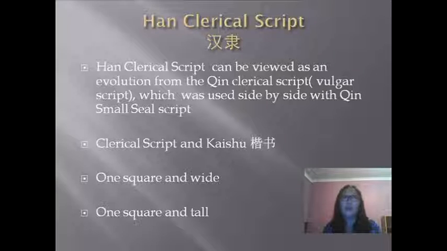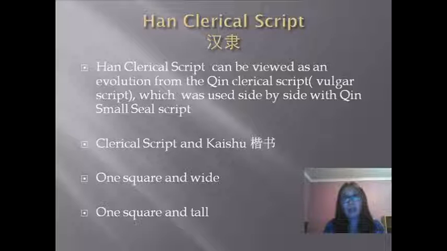Qin small seal script was used for the record of official documents or this kind of things, while the vulgar script, as the name suggested, was used by common people. And anyway, from the vulgar script, we had the Han clerical script.